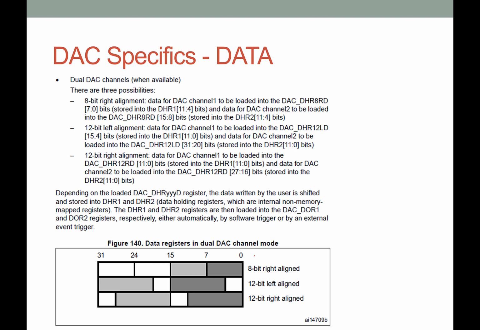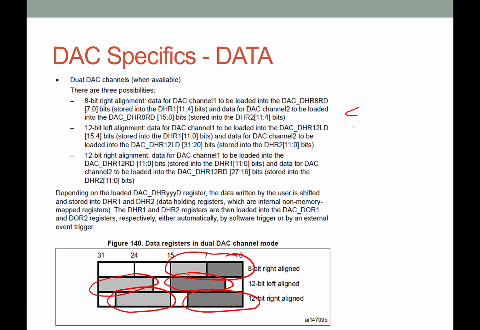Here it talks about dual channels, and you can see what happens. The big difference is if you're doing 8-bit, you can store everything in just a 16-bit segment of the register, whereas for the 12 bits, you can either store it in the higher 12 bits of each 16-bit segment, or the more standard for what we would think, the lower 12 bits, the right-align version.